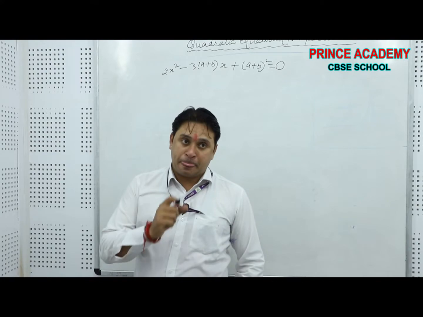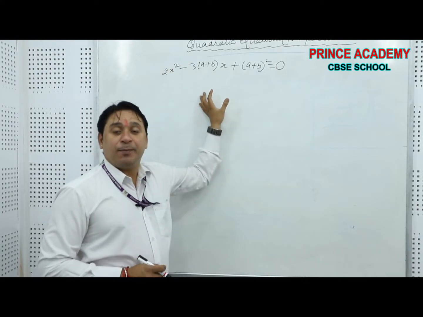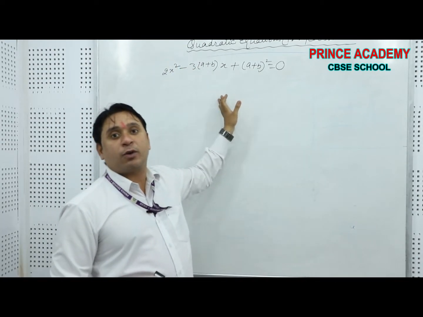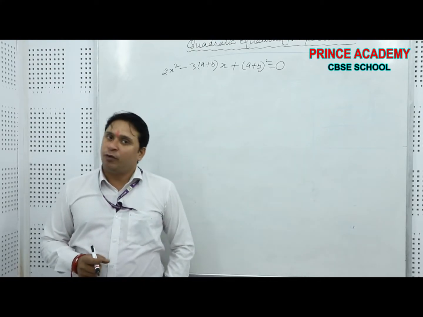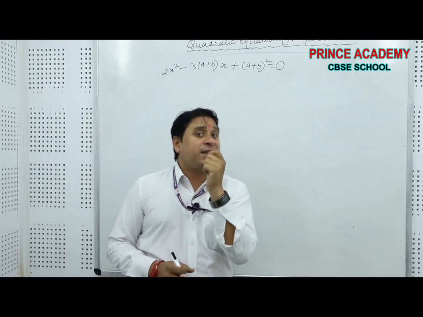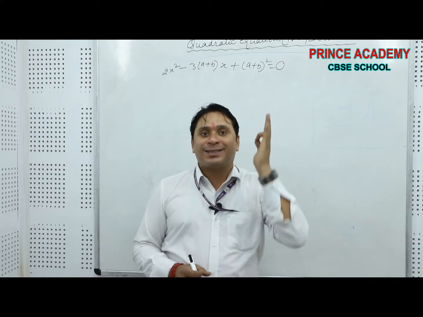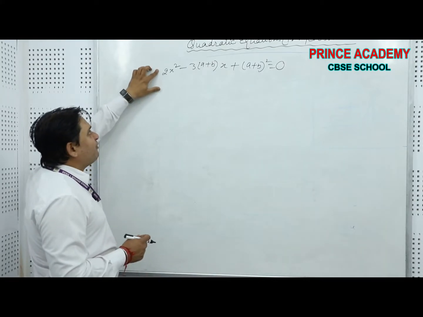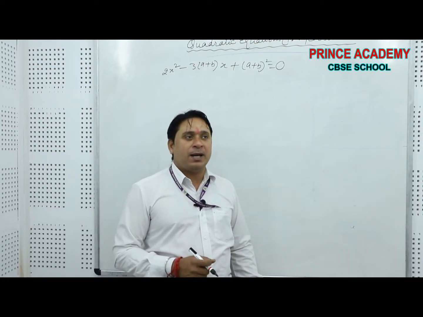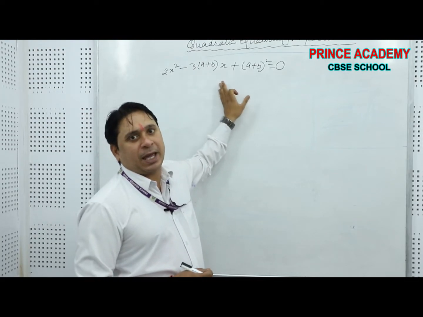This can be done by factorization, by completing the square, as well as by the quadratic formula. But we are thinking which method is most suitable, and I think Sridharacharya Sutra, the famous Indian, you all remember? That sutra will be most applicable here.